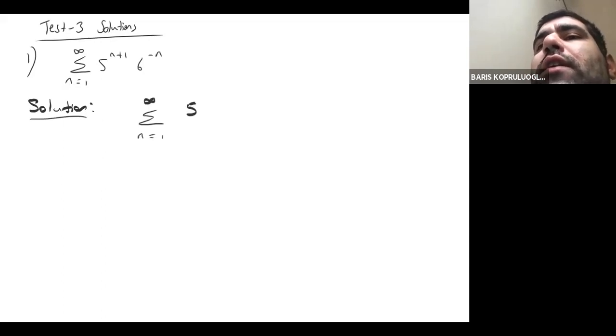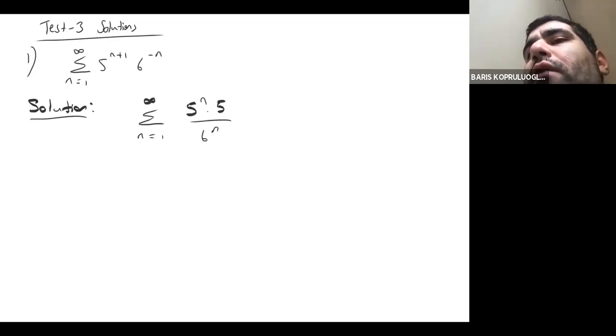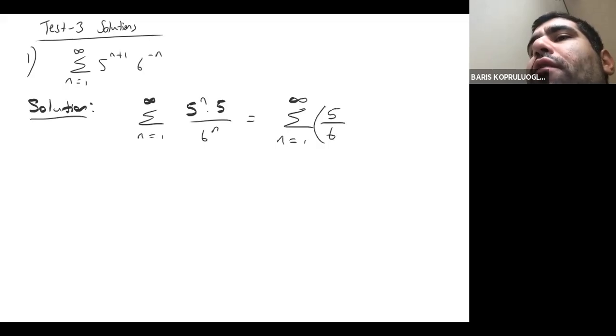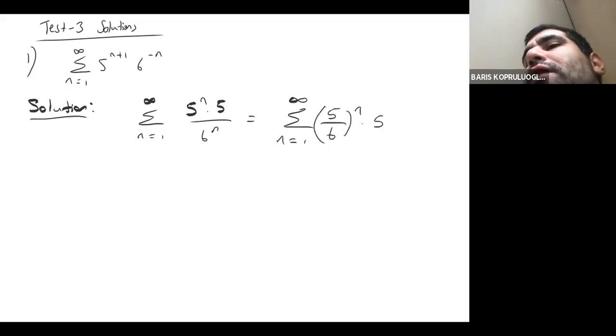this is a geometric series and can be written as 5 to the power of n times 5 over 6 to the power of n. And this means 5 over 6 to the power of n times 5, and it's a geometric series. And r is 5 over 6, so it's less than 1, it will be convergent.